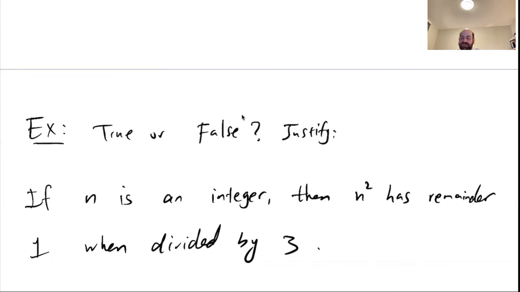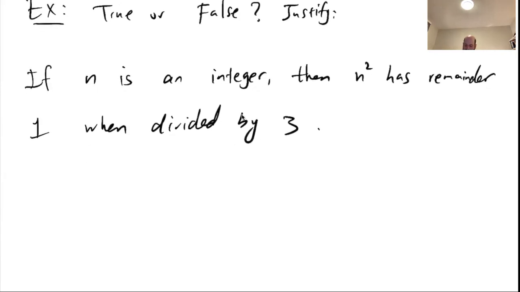Once you find an example that meets the assumption but not the conclusion, that is considered a counterexample, which also verifies that the statement or the property is false. My only assumption here is that n is an integer. Well, n equals 3 is an integer, so it meets the assumption, but not the conclusion, because 3 squared is 9, and 9 does not have remainder 1 when divided by 3. So I can say this statement is false.